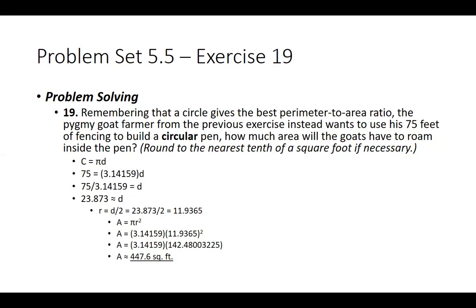When we square 11.9365, we get 142.48003225. Multiplying that by 3.14159 and rounding to the nearest tenth of a square foot, we get 447.6 square feet.